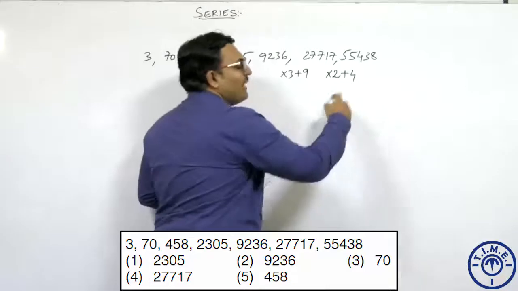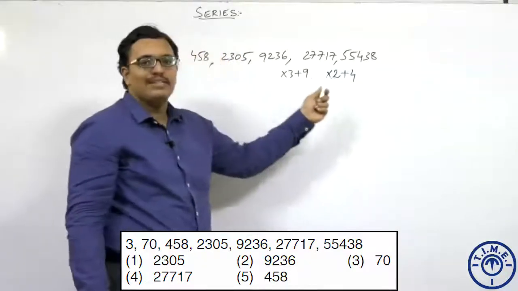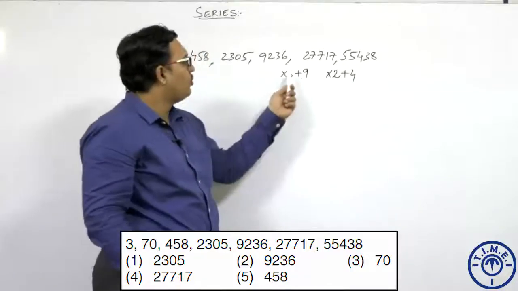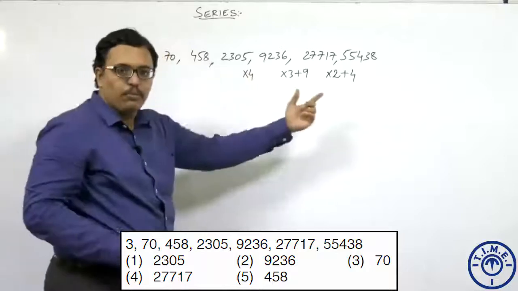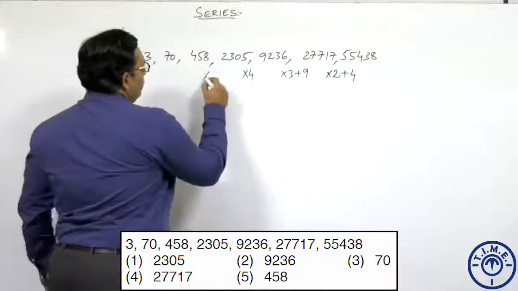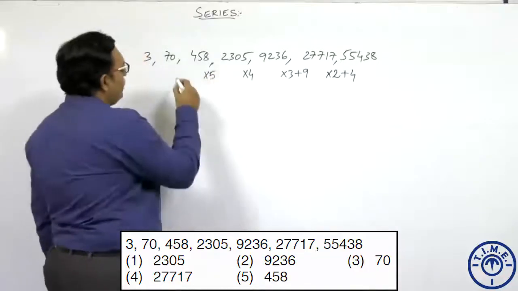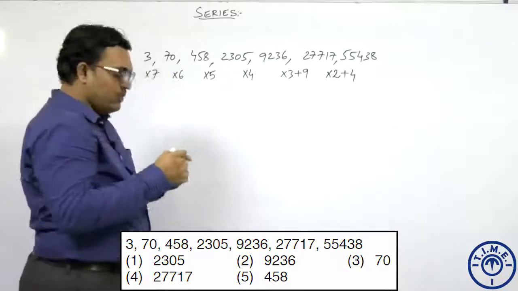This 4 can also be taken as 2 square. So into 2 plus 2 square, into 3 plus 3 square. So now this is into 2 and into 3. So I'll just take the product like this, into 2, into 3, into 4, into 5, into 6 and into 7.